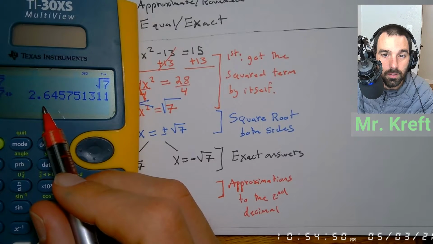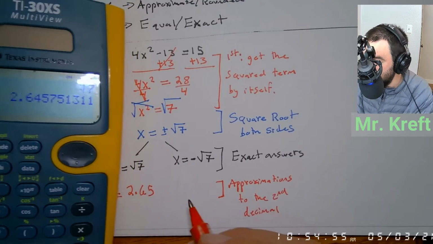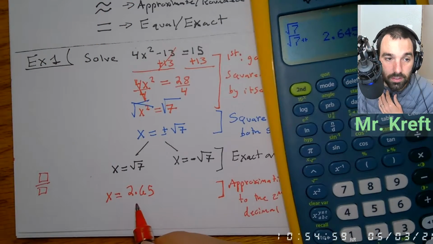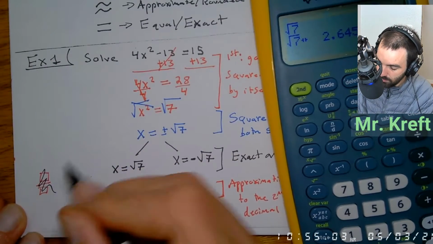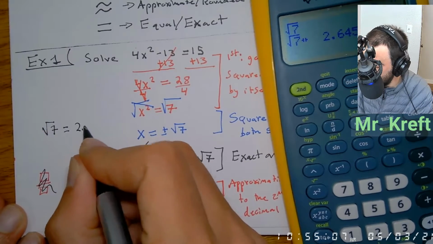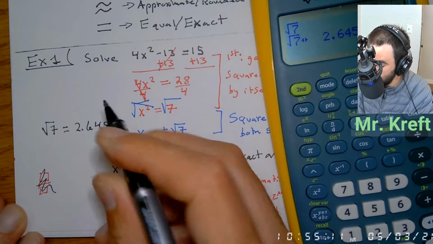All right, so just like that. Does anybody have questions about that? Are you guys able to get 2.65? Over here, square root of 7, we get 2.64575.